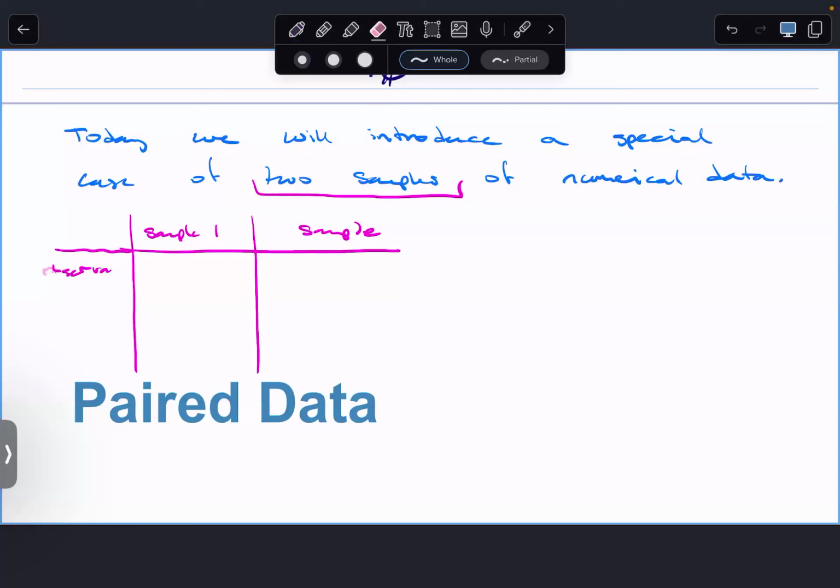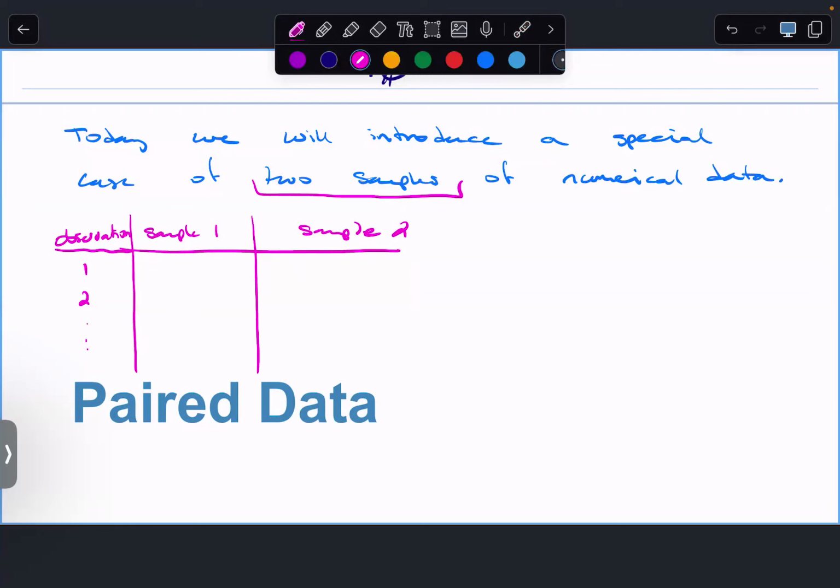And your observation, right? So your subject 1 gives you information in sample 1 as well as sample 2. Okay? And so now we call this paired data. And so observation 2 gives you information for sample 1 and sample 2.